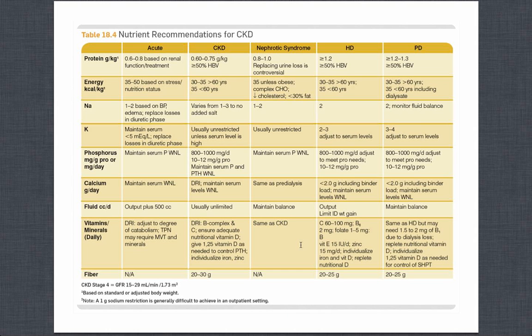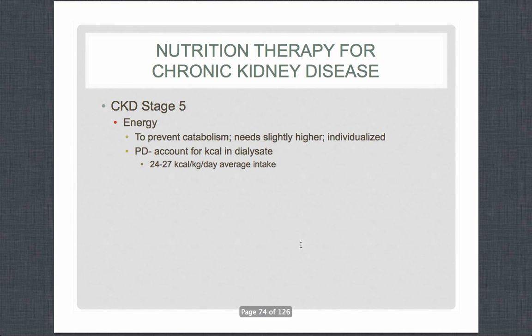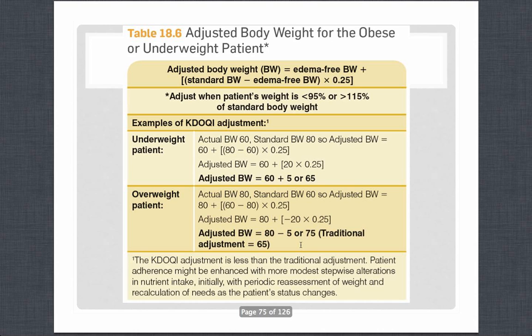Here's a good summary chart, depending upon the degree: chronic kidney disease, hemodialysis, peritoneal dialysis. Good summary chart for protein, energy, sodium, potassium, phosphorus, calcium, fluid, and vitamins and minerals, including which vitamins and minerals to emphasize. So this is a chart that talks about adjusted body weight for obese or underweight patients.